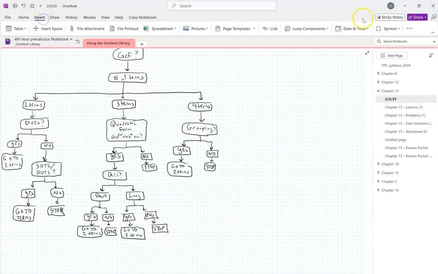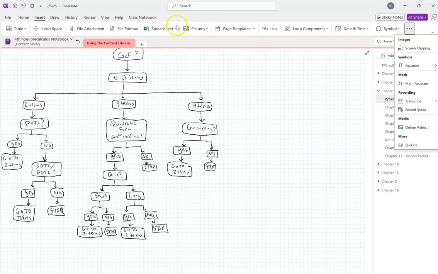And now I'm going to do a couple of examples while I show you guys how I navigate through this flow chart to do the examples. Sound good to you guys? Yeah. Okay.